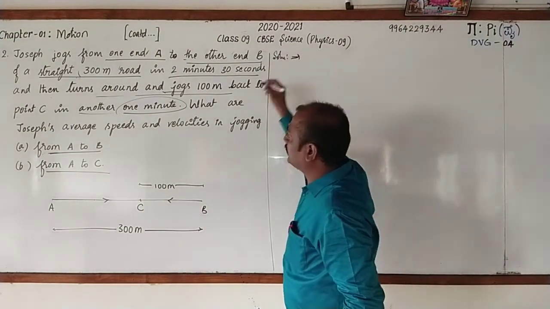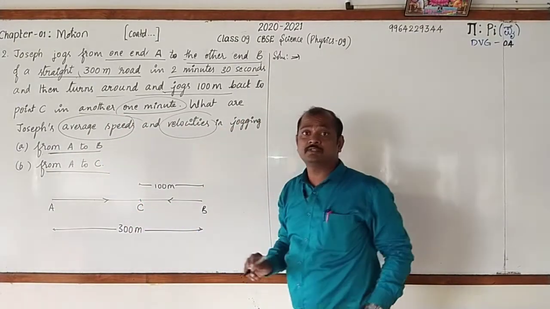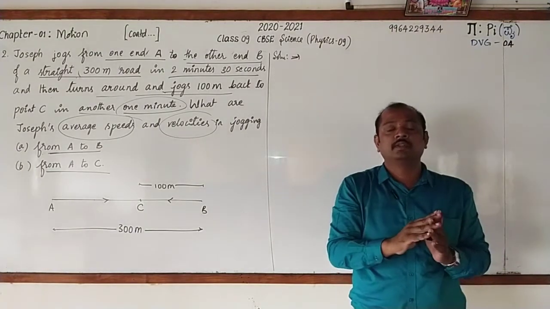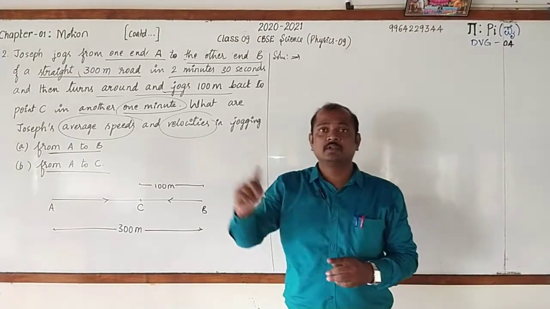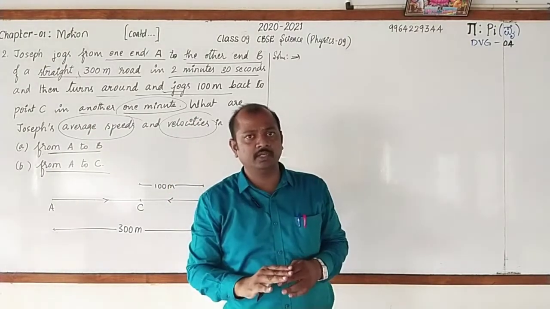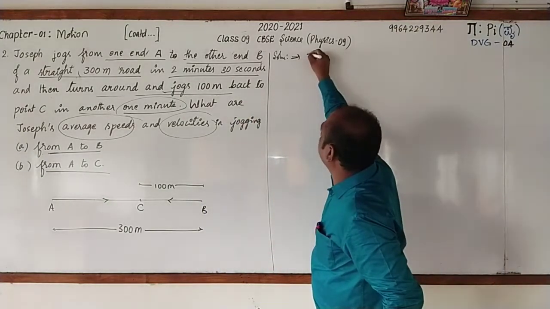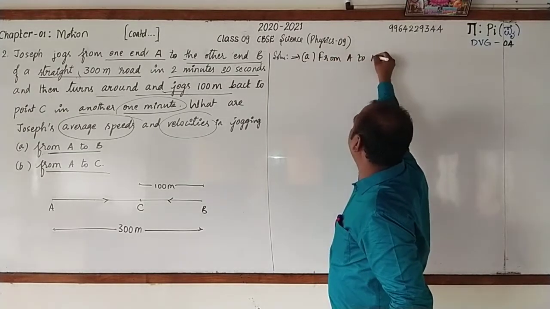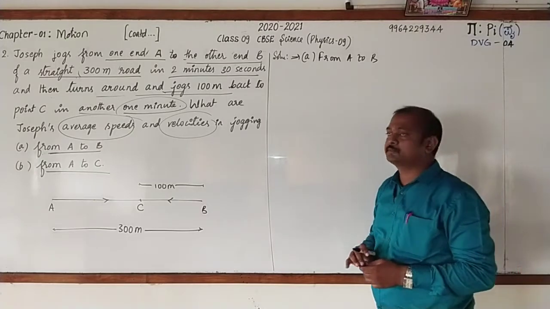Okay. Now let's go for finding the solution for this. Here you are going to find out average speeds and average velocities. To find out average speed, you must know the total distance traveled and total time taken. To find out average velocities, total displacement of a body and total time taken, right? Yes. First one, it is from A to B. So let us go for taking distance as well as displacement.